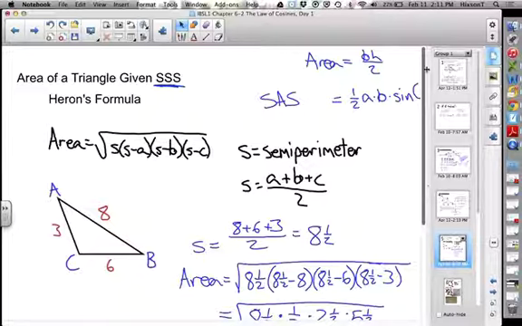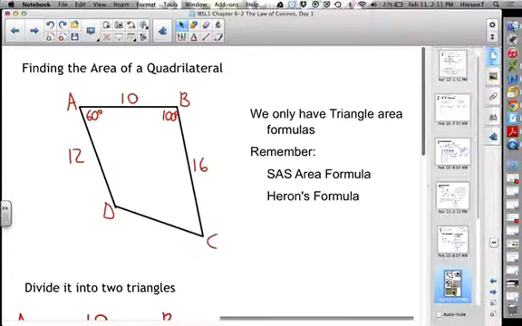I'm going to give you kind of a challenge here that will take the remainder of our time, and that is finding the area of a quadrilateral. Now, we only have triangle area formulas. So what are you obviously going to have to do? Break it into triangles.